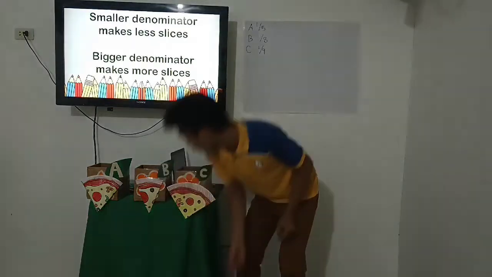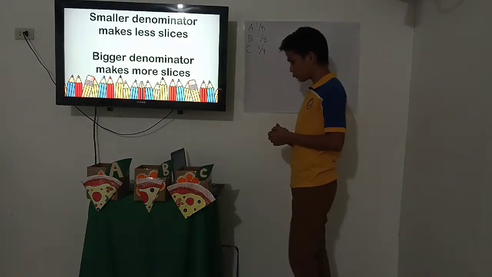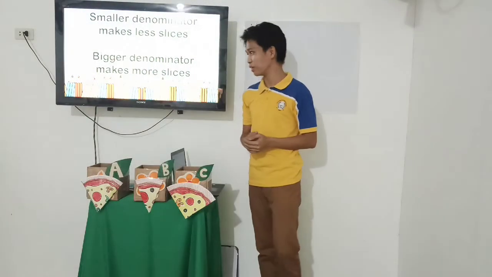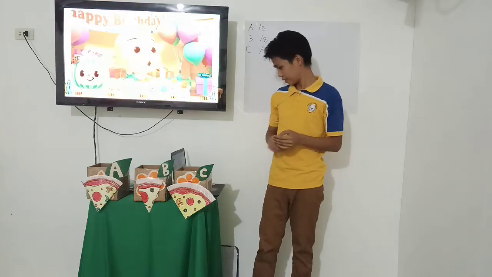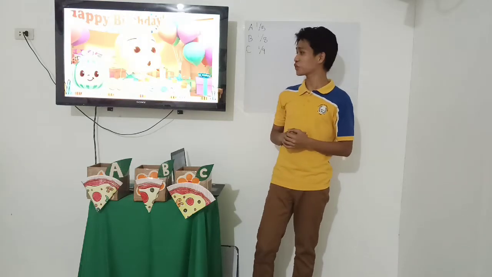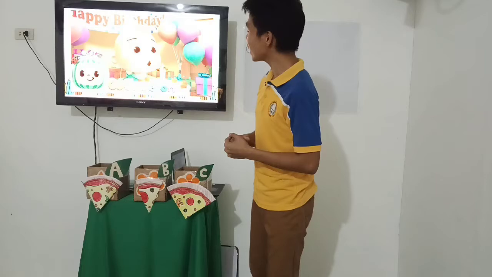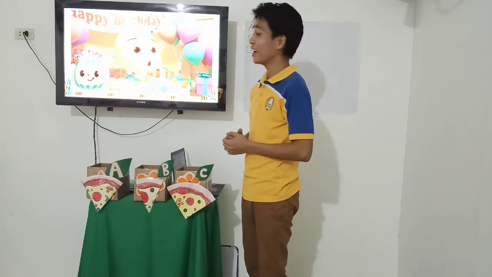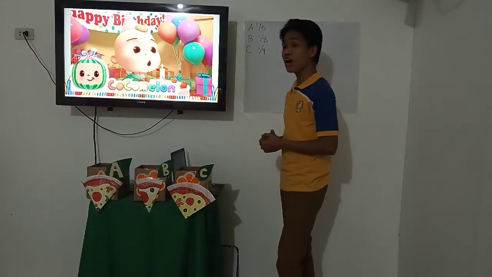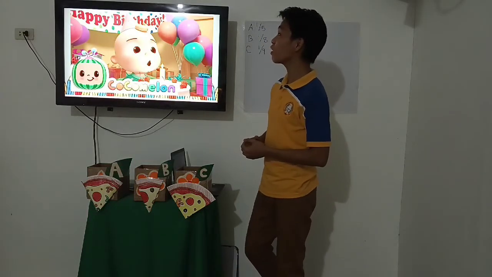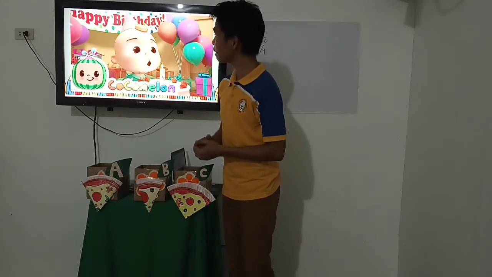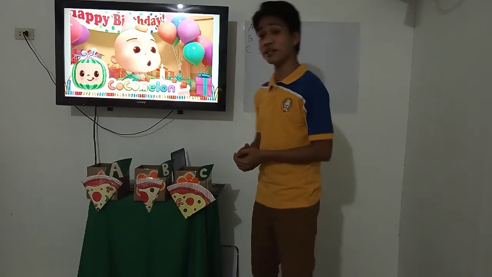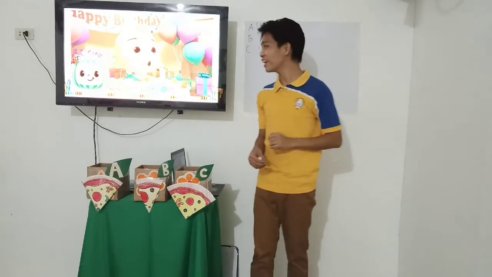Okay. Now let's continue. Let's have another example. We have this picture. Who do you think is in the picture? Cocomelon. That's right. That is a video from Cocomelon. And in that picture, they are celebrating what? Birthday.